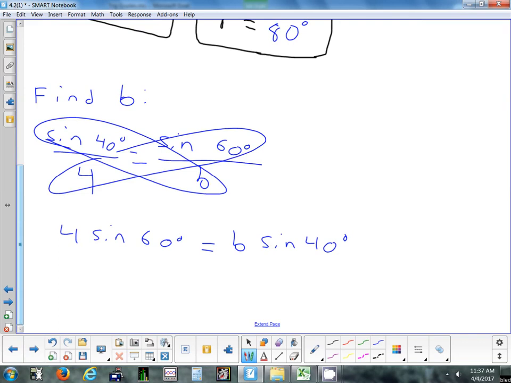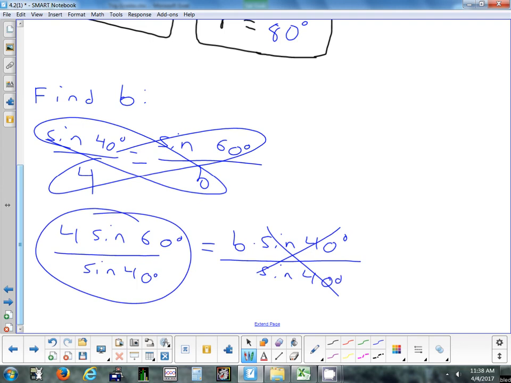My last step is to get sine of 40 on the other side, so B is by itself. So Gabe, how would I finish that off to get B by itself? Divide both sides. Yep. Divide both sides by sine of 40.